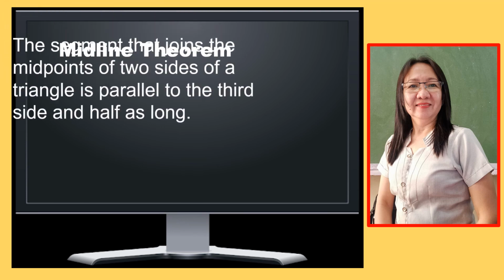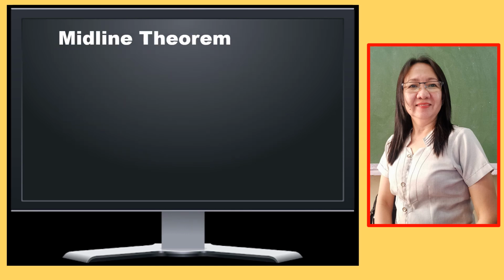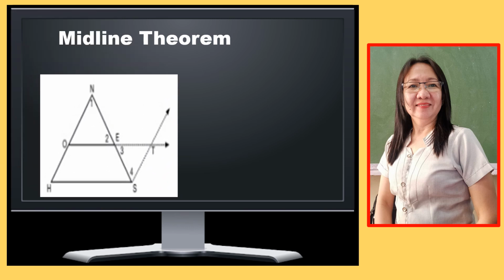So what is the midline theorem all about? It is the statement that the segment that joins the midpoints of two sides of a triangle is parallel to the third side and half as long. Let us put this into illustration and proof.